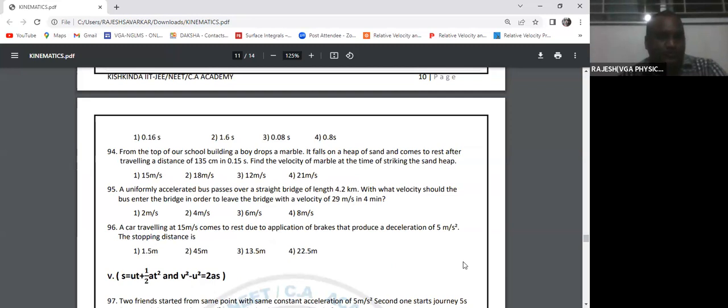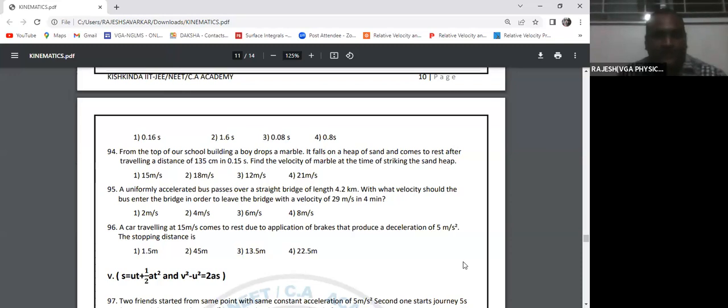So, s equal to u plus v by 2 into t. So final velocity becomes 0. I have to find u. 135 centimeters, take 1.35. That is equal to u by 2 into 0.15.